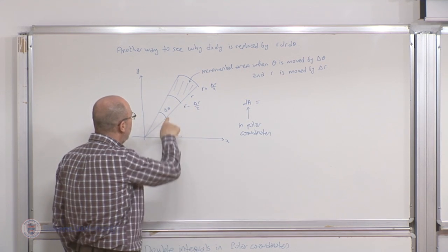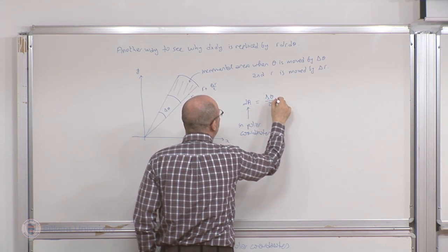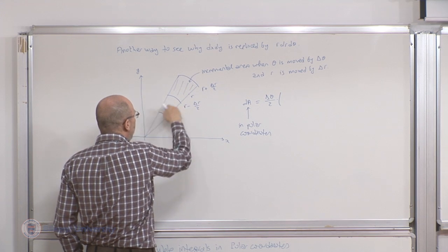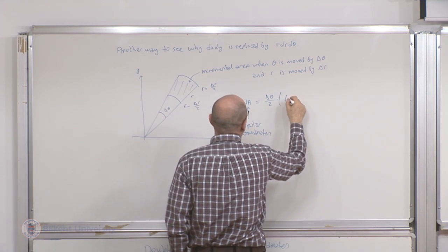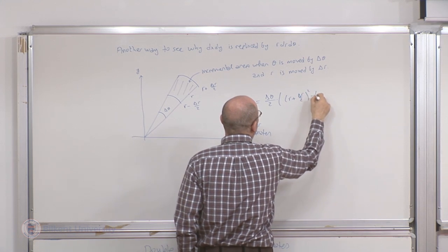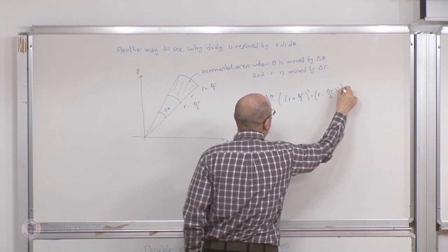So that's angle divided by 2 times this area minus this area. So this area is (r plus delta r over 2) square, and this is (r minus delta r over 2) square.